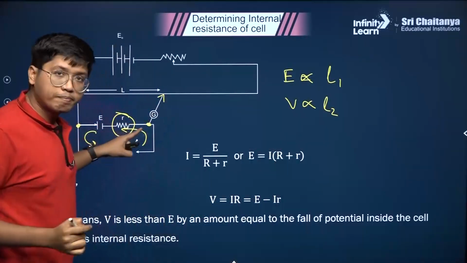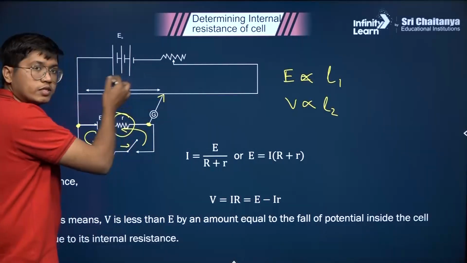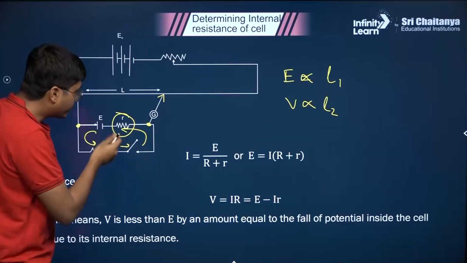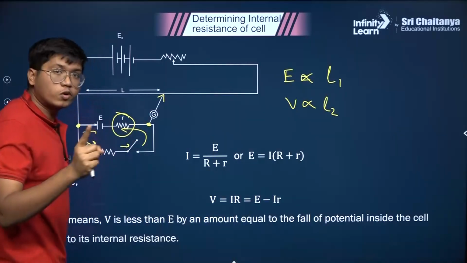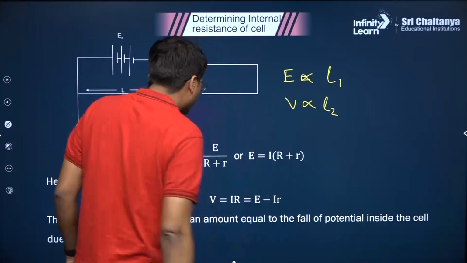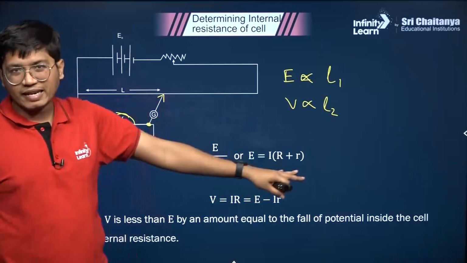Remember, even when it is balanced, there might be no current flowing in the upper part of the circuit, but there is still current flowing in the lower part of the circuit, which means this potential drop is still going to be there. So you have E proportional to L1, V proportional to L2. You have V is equal to E minus Ir, the standard relation.